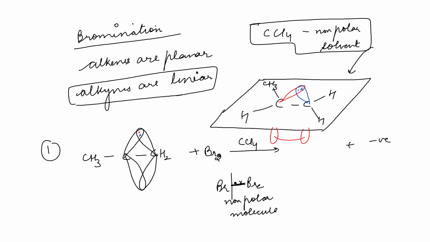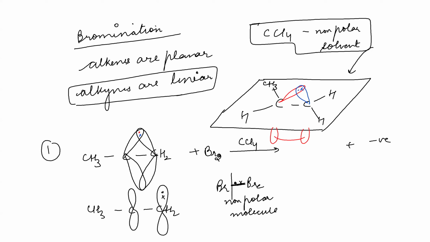Now when CH3 hits, there is a CH3 being placed here. What is this CH3 going to do? This CH3 is actually going to donate one of its electrons. So when this CH3 donates its electrons, it is actually pushing the electrons to move into another orbital. So the moment this bond opens up, it opens up like this.